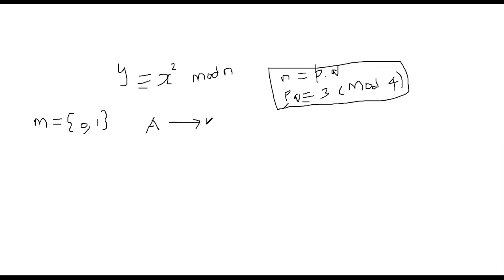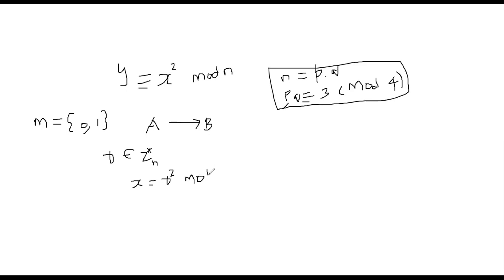What Alice is going to do is first randomly pick an element r from Z star n, the group that we are working with, and she computes x, which is nothing but r square. As you can see, x itself is a quadratic residue now, because x is written as the power of 2 of some random number r.